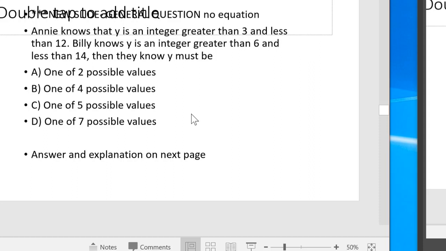Let's try this Annie and Billy question. Annie knows that y is an integer greater than 3 and less than 12.